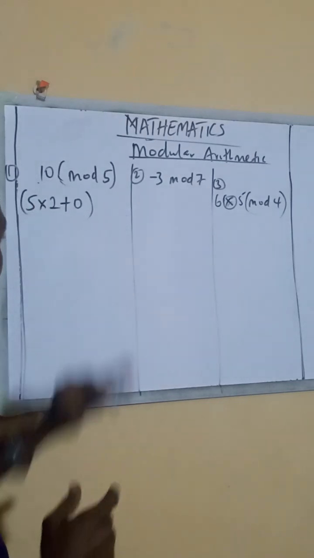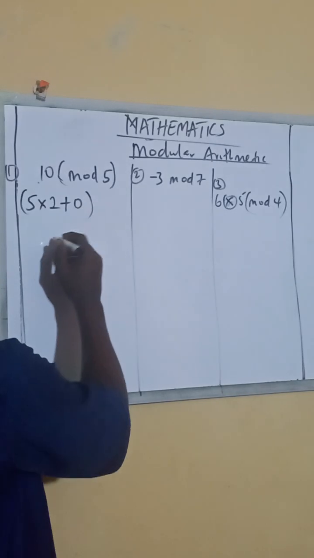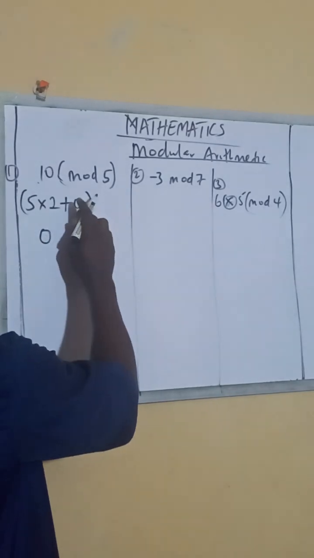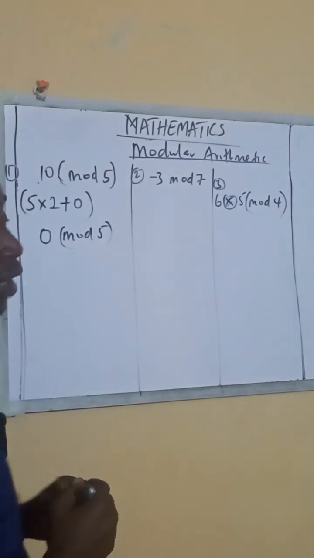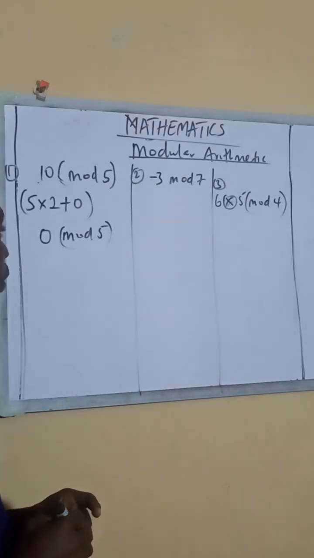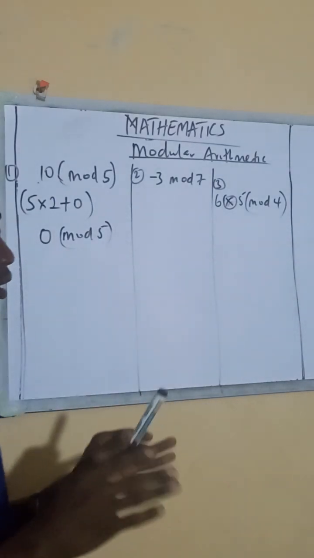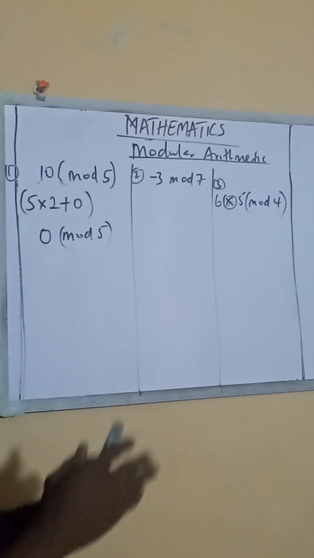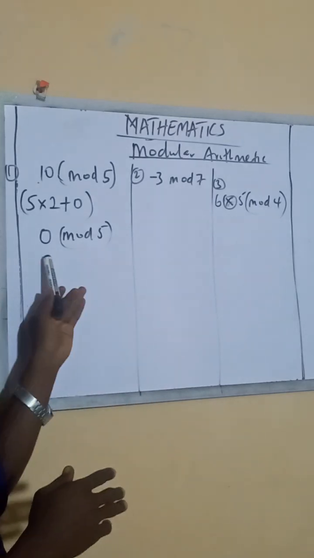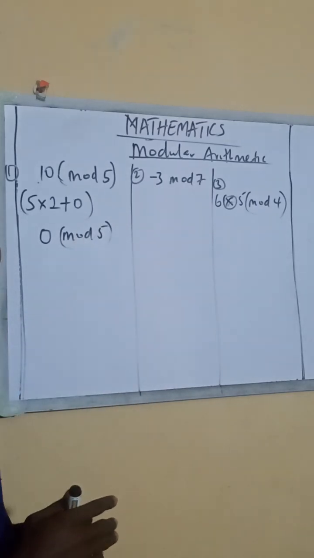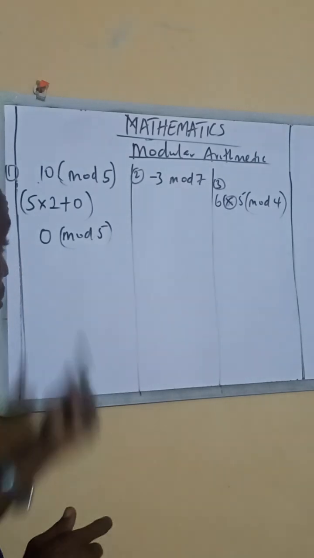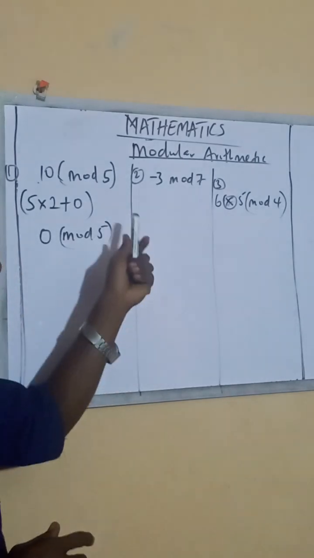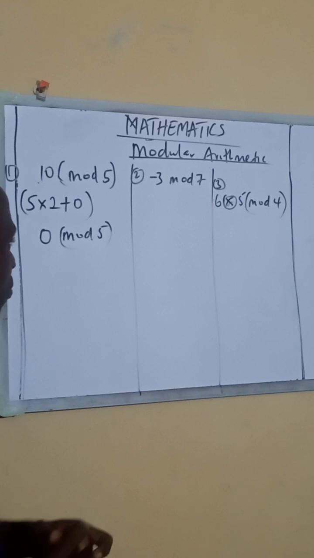So having gotten this, our answer here is going to be 0, the remainder, mod 5. That is the answer to that question. All they are interested in is that your remainder will be out there as the answer, mod 5. And you hardly get modular in negative sign. I'm sure that is easy. Let's go to the second question.